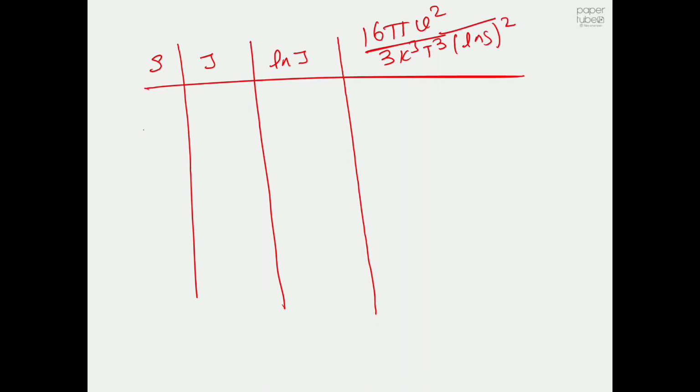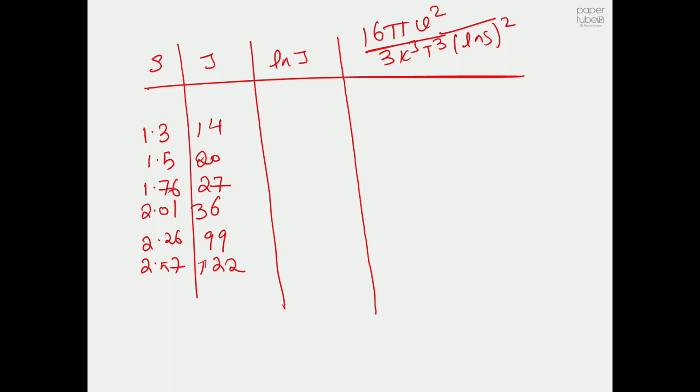So S is equal to 1.3, 1.5, 1.76, 2.01, 2.26, 2.57. The J values I already showed you how to calculate: 14, 20, 27, 36, 99, 122.